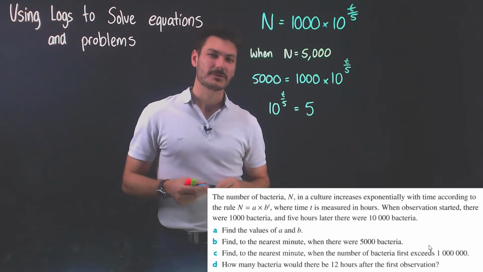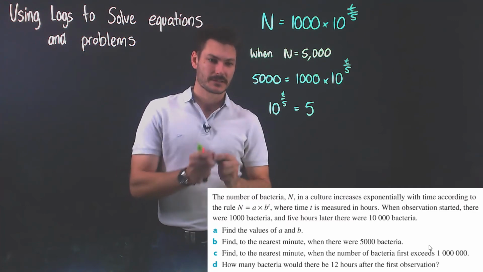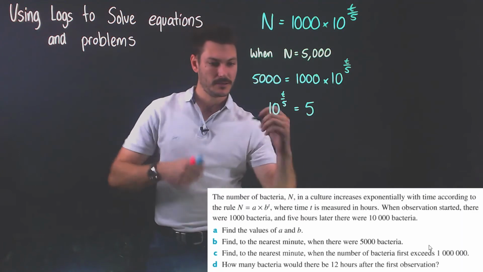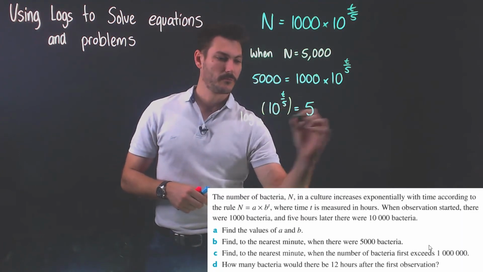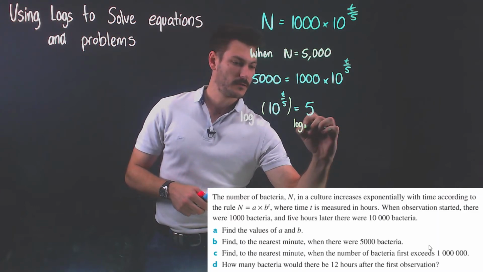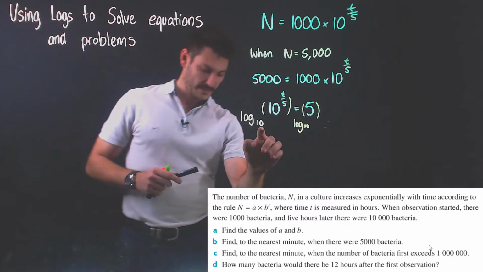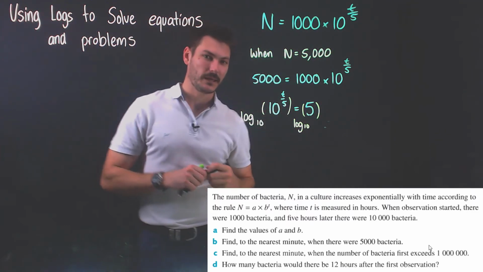But what we can do is take the log of base 10 on both sides, which will cancel out this guy. So on this, I'm going to, maybe in green, do log of base 10 on both sides of this equation. Okay, so my next line, this log base 10 and 10 are going to cancel out completely, and I'm going to be left with t on 5.